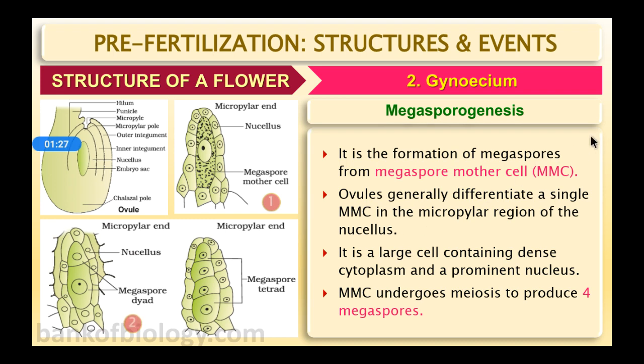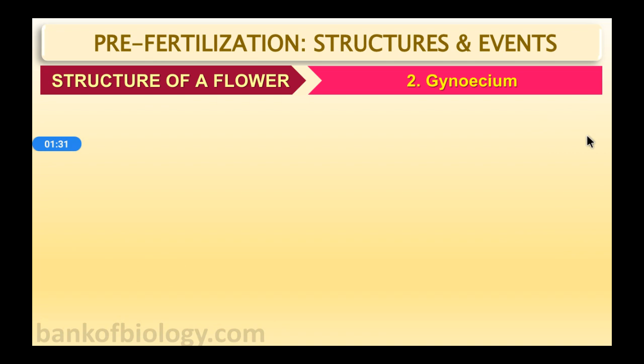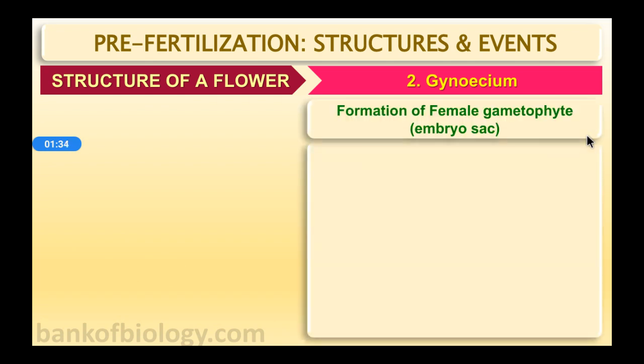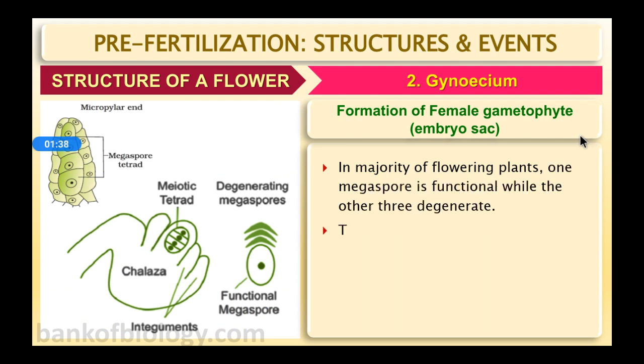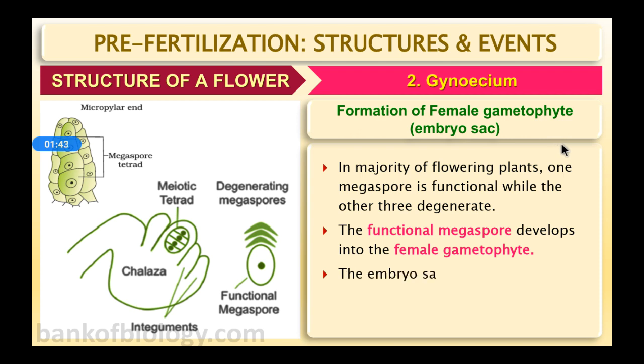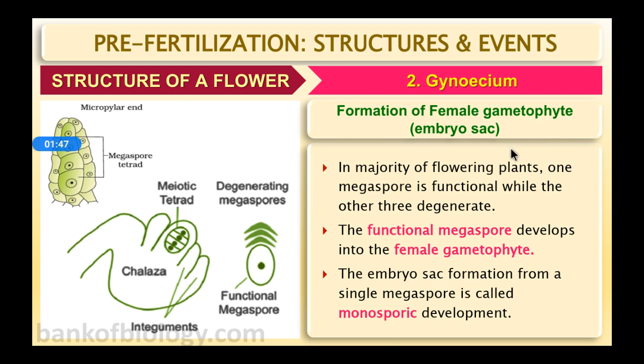Next we will discuss the formation of the embryo sac, or the female gametophyte. As we discussed, in the majority of flowering plants, one megaspore is functional while the other 3 degenerate. So the functional megaspore develops into the female gamete.